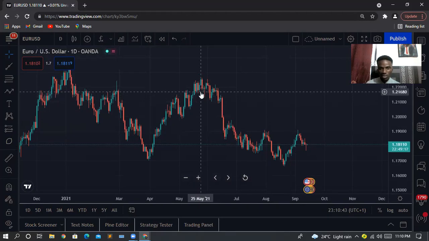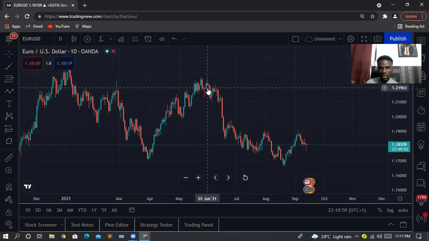So we can see this reversal happen between the 25th of May and 1st of June. Can we all check the dates from our calendar?